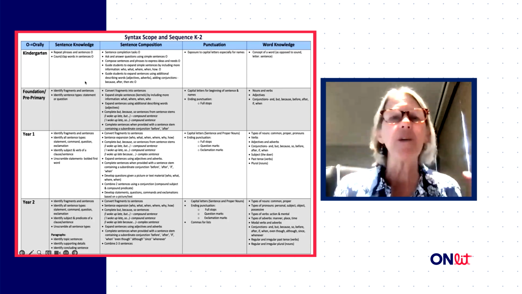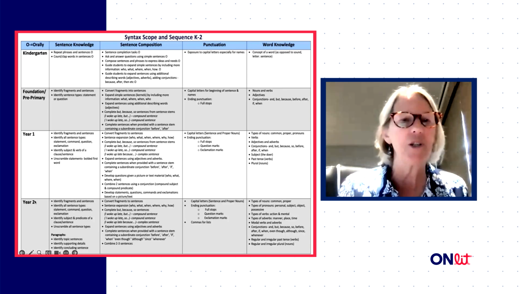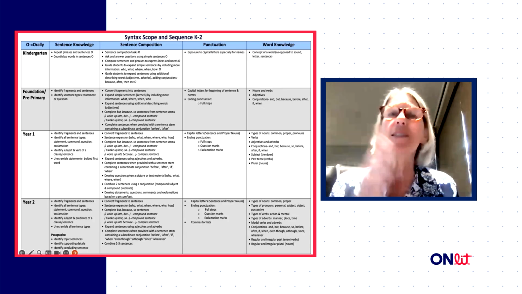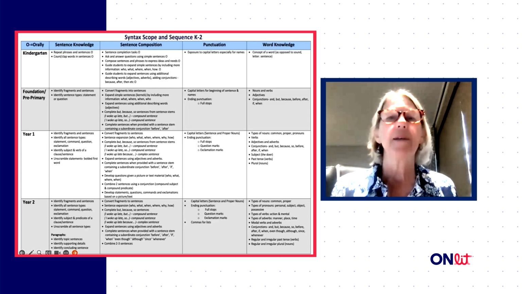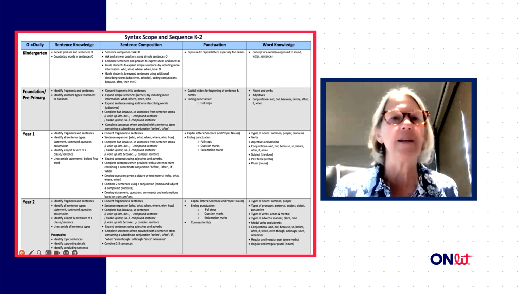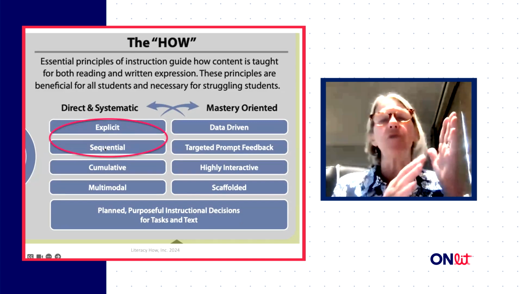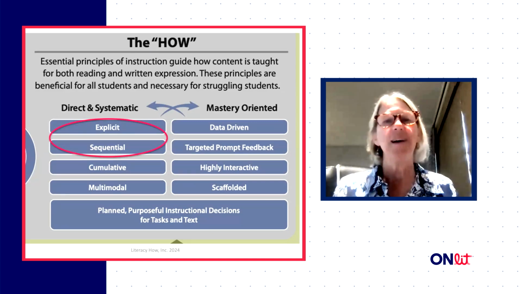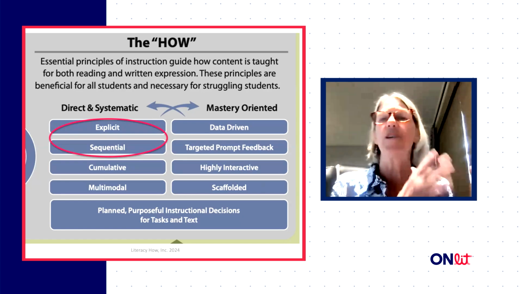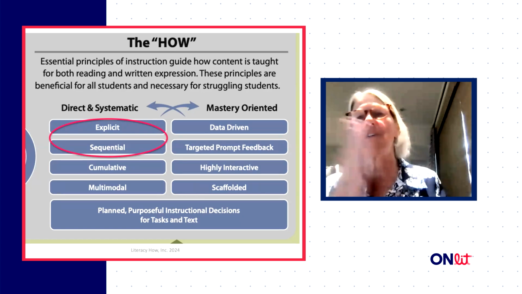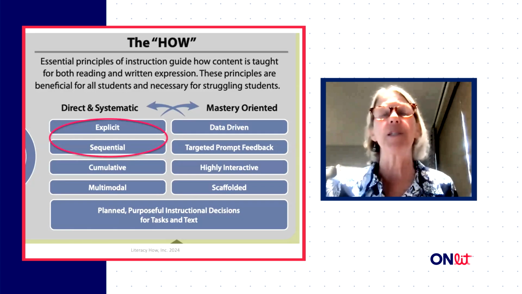So you have a very detailed scope and sequence, which is terrific, because the scope and sequence is what makes the instruction and the content sequential, right? If you don't have a sequence, you don't really know where you start this work and how it develops and progresses over time.